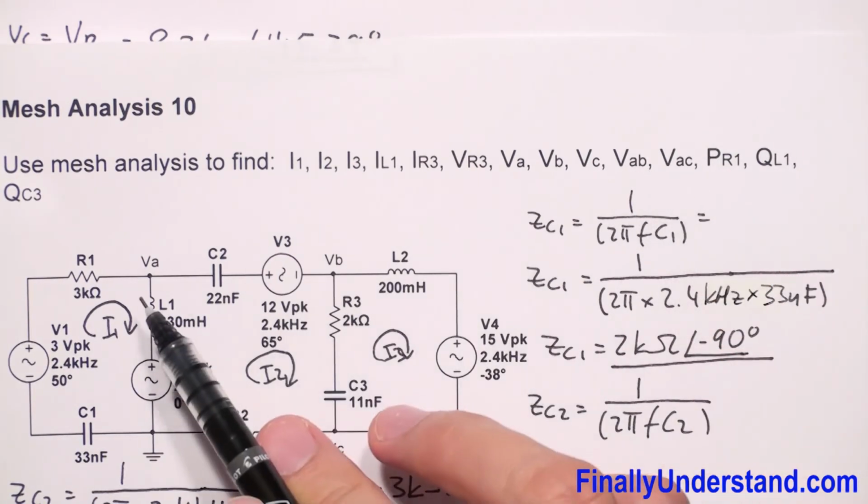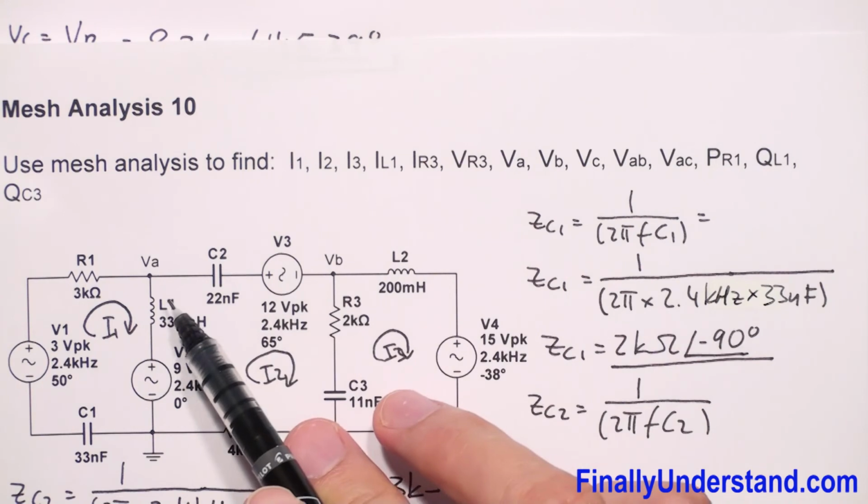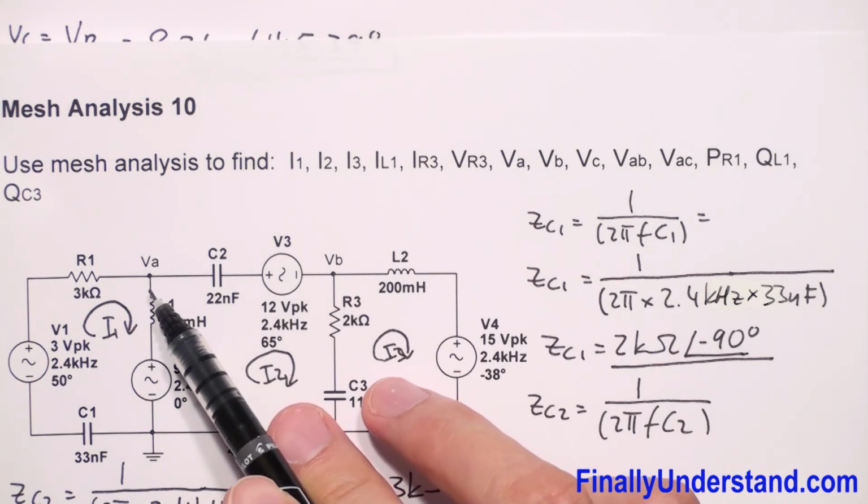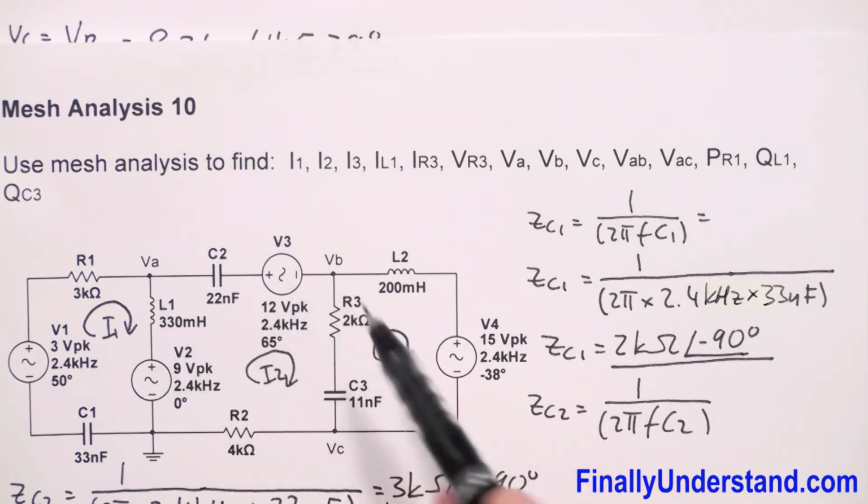Next, we're supposed to find voltage VAB. Voltage VAB is the voltage between these two nodes. So basically, if you want to find this voltage, you're supposed to find the difference of these two voltages.